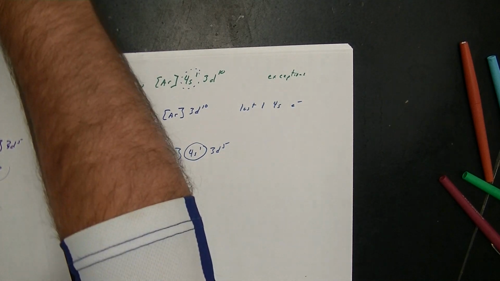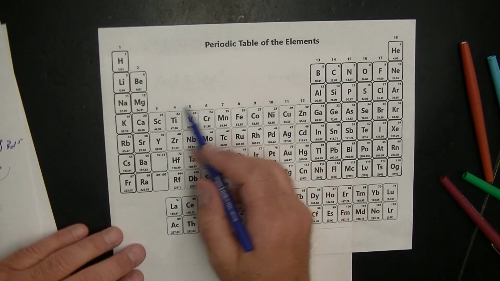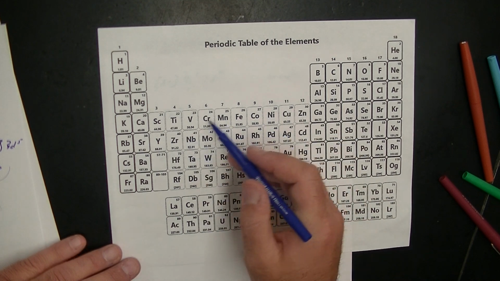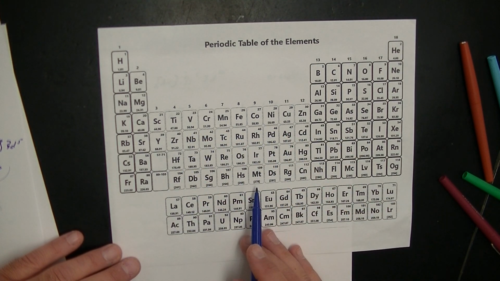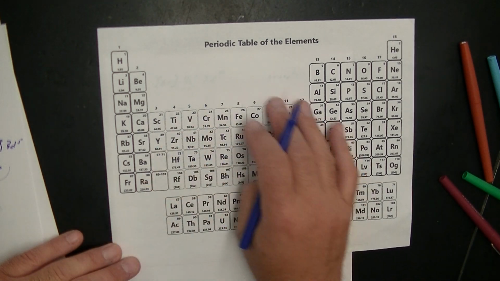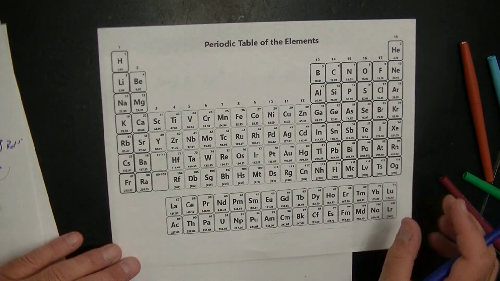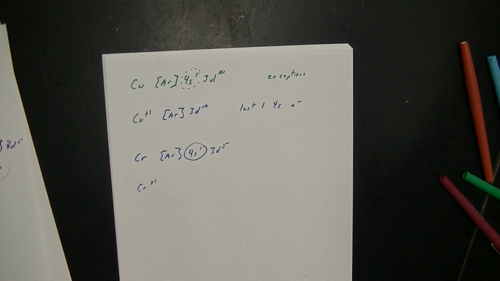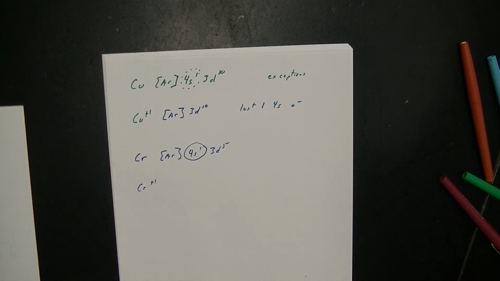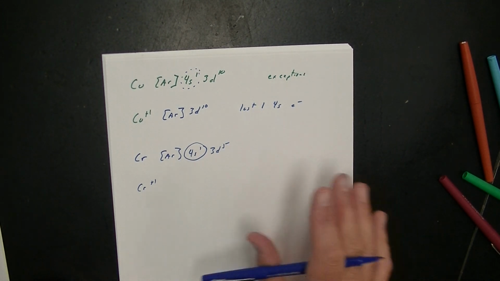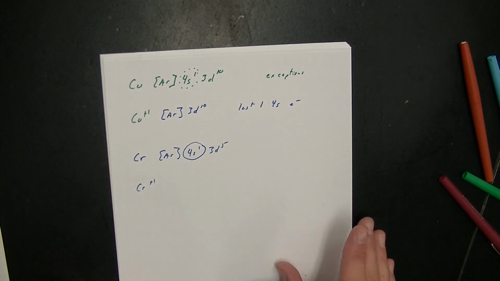For most of these, you have 2 electrons in that outer s orbital. So that's why most of the transition elements form oxidation states of +2. That's where those oxidation numbers are coming from. We'll talk more about that as we go. All right. You'll be doing some practice and homework with these.